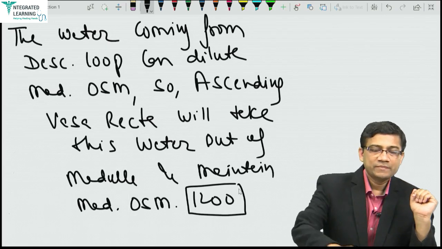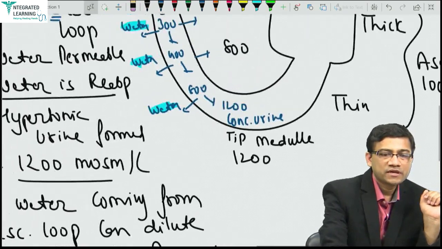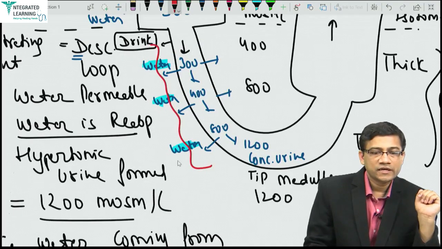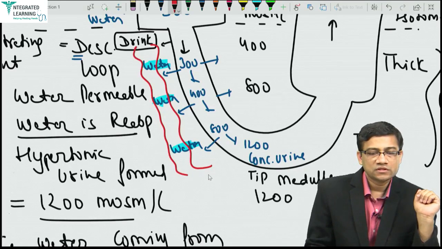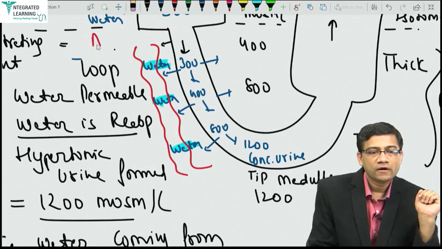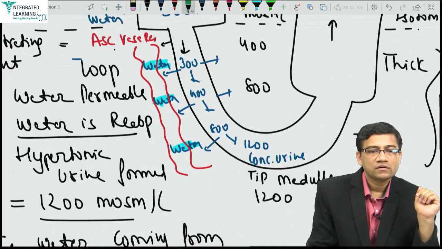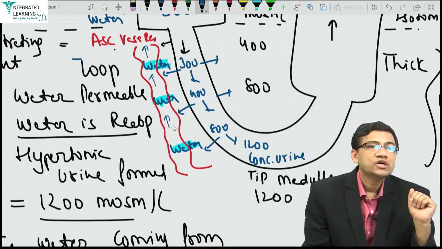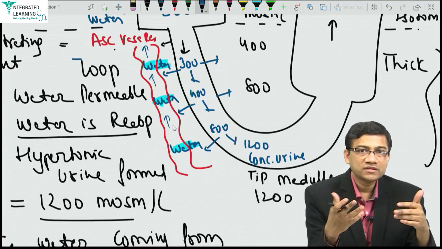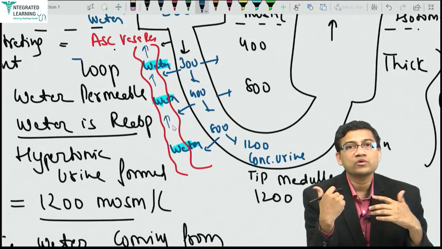Let me show it also. I'm just making it here. This is ascending vasa recta. Whatever water is there, it takes this water and goes up toward the systemic circulation, the veins, ultimately the renal vein, and goes back to the blood supply.